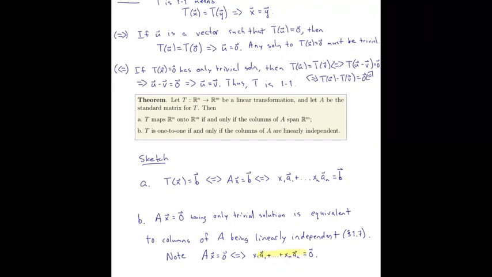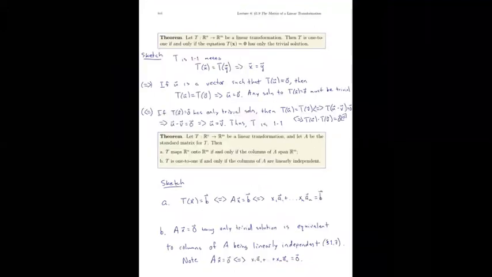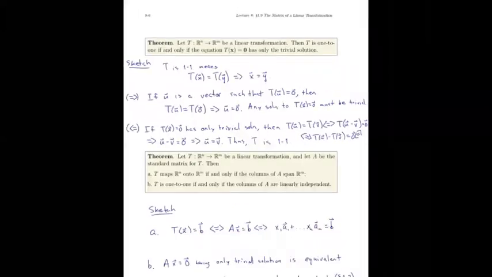So what we can connect to above is the fact that A being linearly independent is equivalent to A x equals 0 having only the trivial solution. But we know that from above, A x equals 0 is T x equals 0. And if it has only the trivial solution, then T is one-to-one.